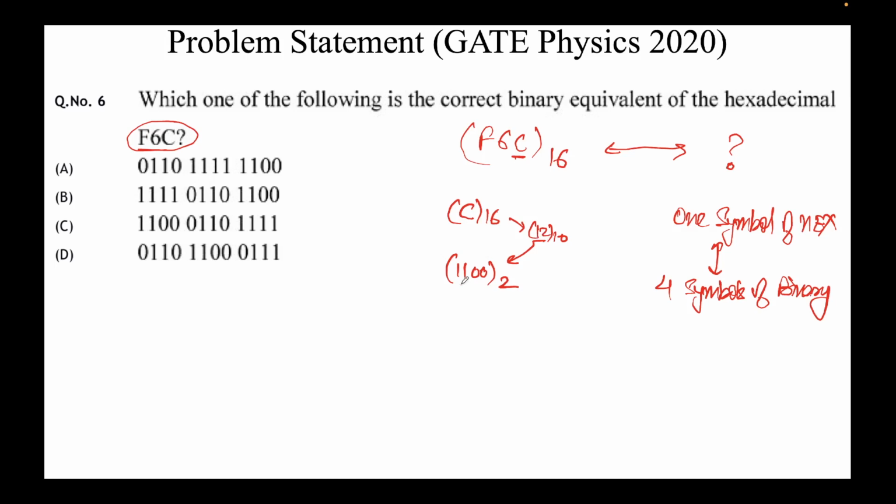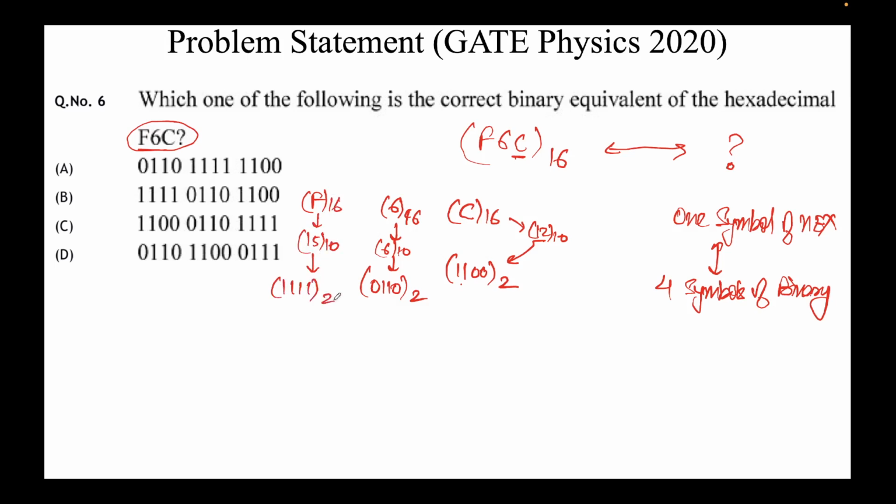Second, 6 in hexadecimal is 6 in decimal, and 6 in decimal can be written as 0110 in binary. The final symbol was F. F in hexadecimal is 15 in decimal, which can be written as 1111 in binary.